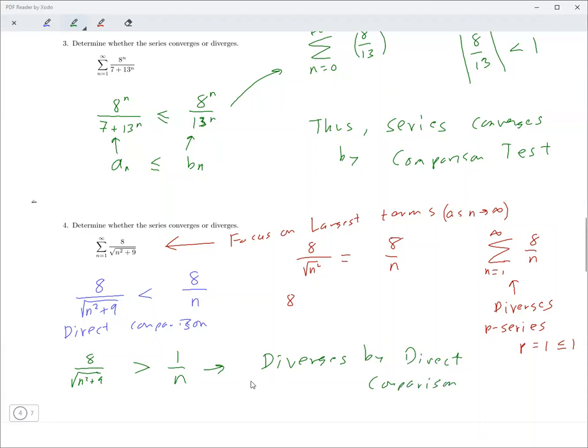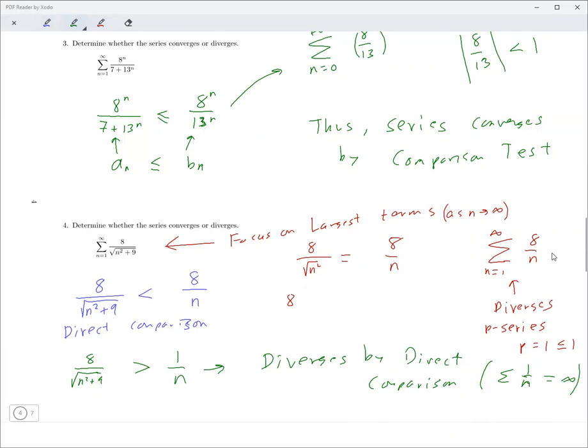Okay, but so you could make it work like that, because this series right here also diverges. So you could make direct comparison work that way, but it's a lot easier if you use the limit comparison here.